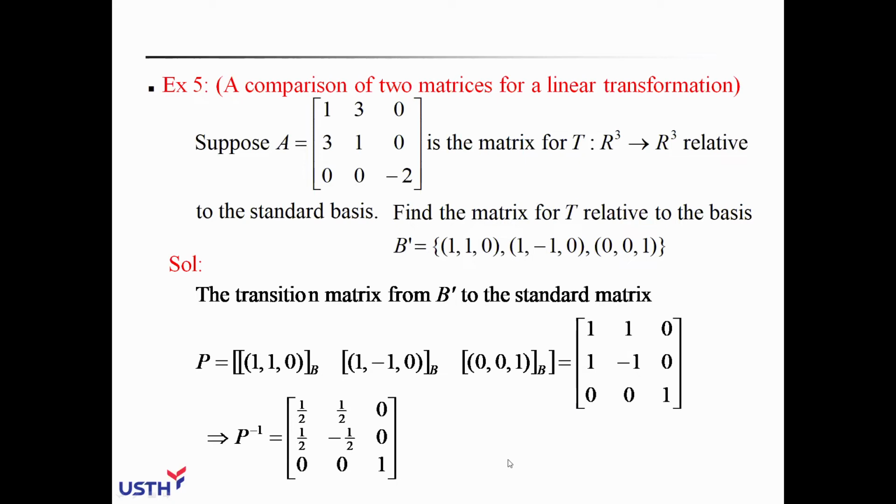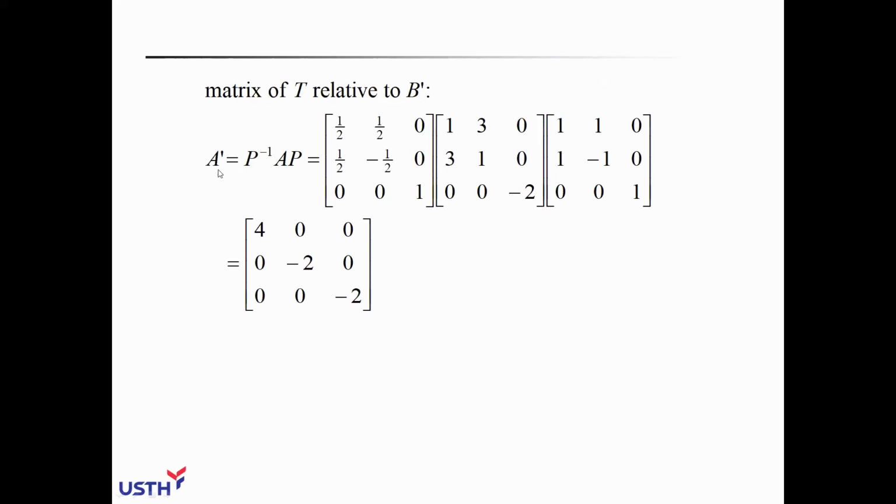Then the matrix of T relative to the new basis B prime will be the following. Now you need only to do the multiplication of 3 matrices like that, and you get that one. And I'd like to insist to you that now the matrix is already in diagonal form here. That will be the subject of lecture number 7.